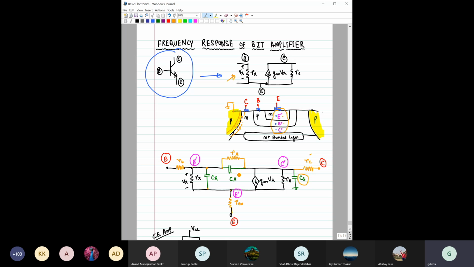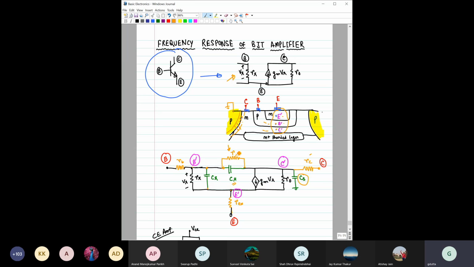Then what about between base and collector? Between base and collector, these two are reverse biased, so there will be a wide depletion layer, and it should also offer some capacitance. This capacitance between base and collector is C mu, right? And because of the reverse bias, this will also offer one resistance which is very high, in the range of mega ohms, and that resistance is noted here by R mu.